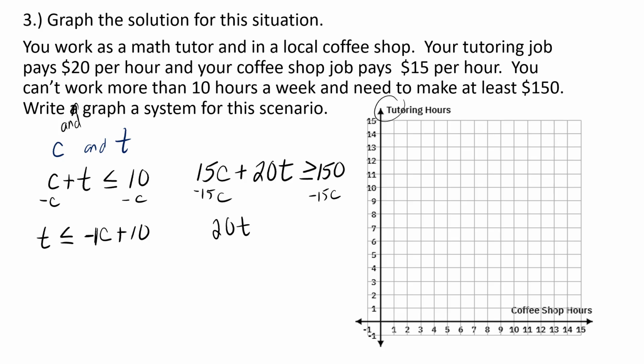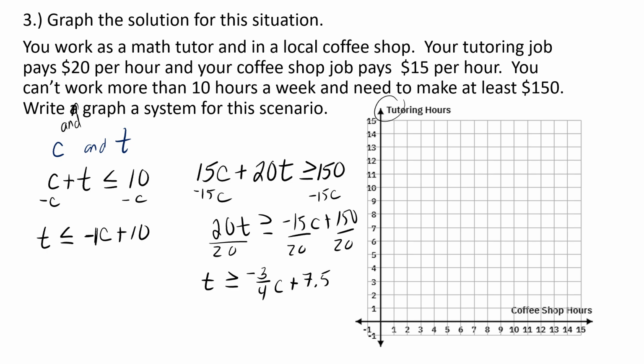All right, so we have 20T is greater than or equal to negative 15C plus 150, and we'll divide everything by 20. And we'll get T is greater than or equal to negative 3/4 C plus 7.5. It's going to be 7.5.